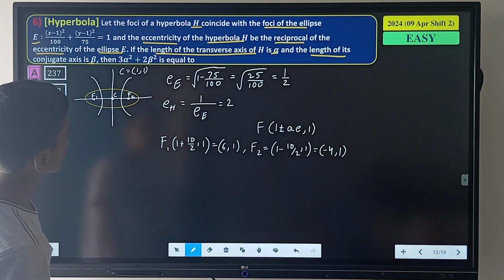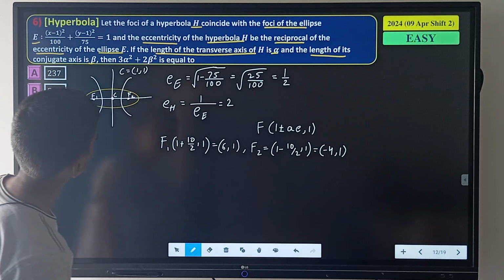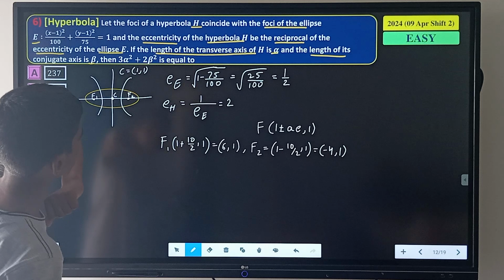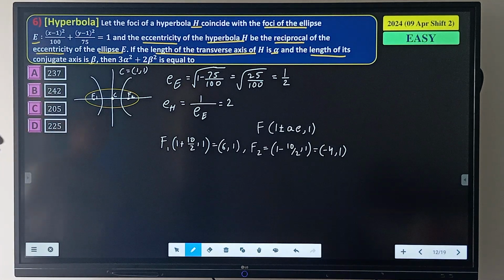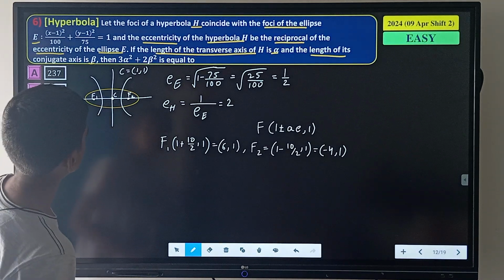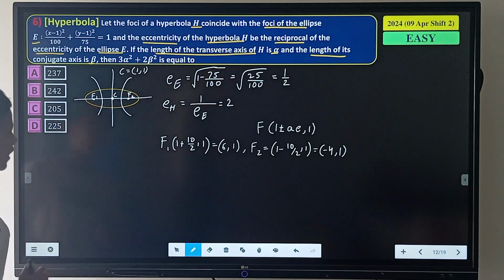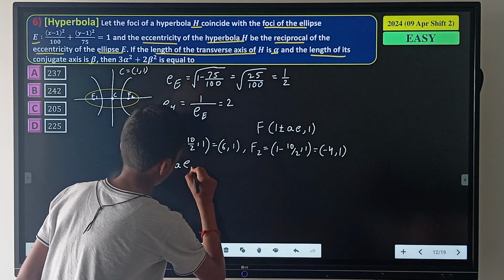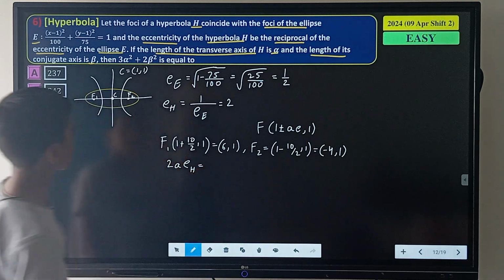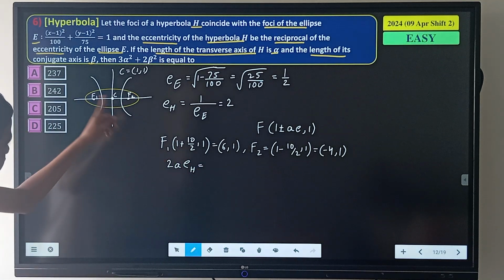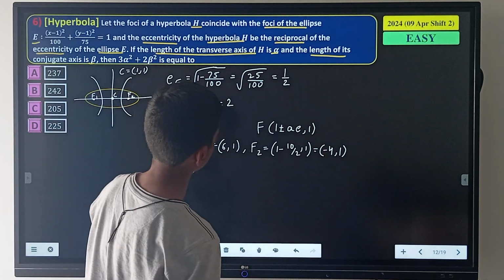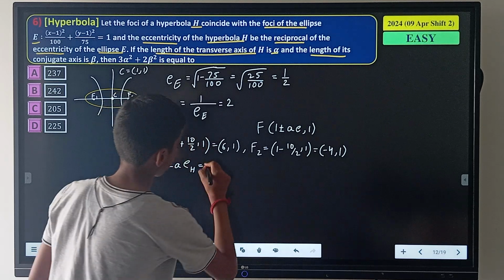Now I need to find the length of transverse axis and length of conjugate axis of the hyperbola. So the distance between two foci of the hyperbola, which is 2a times eccentricity of hyperbola, is equal to distance between two foci of the ellipse, which is 10.